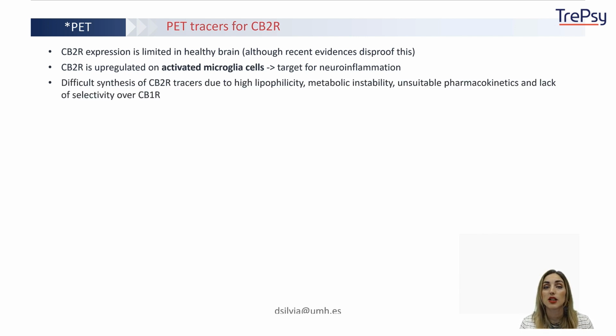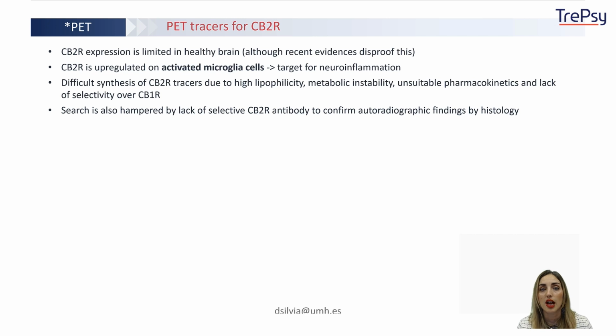Synthesizing CB2R tracers is not easy, because of the high lipophilicity, the metabolic instability, unsuitable pharmacokinetics, and also lack of selectivity of the ligands over CB1, the receptor of type 1.